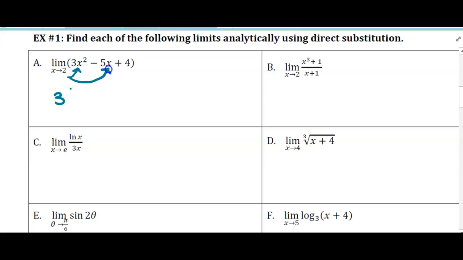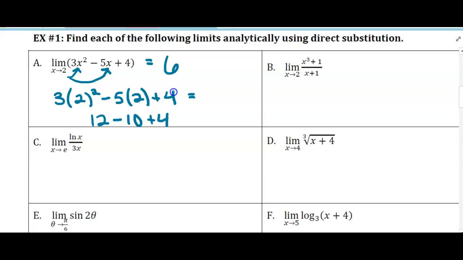And so when I do that, 3 times 2 squared minus 5 times 2 plus 4, we are going to get that this limit equals, and I'll go ahead and write that up here actually. Well, 2 squared is 4 times 3 is 12 minus 10 plus 4. Looks like that's going to be a positive 6, and this would be the y value that this graph is approaching as we approach an x value of 2.